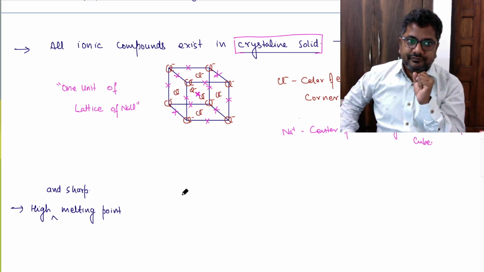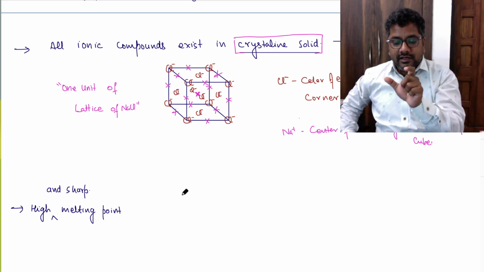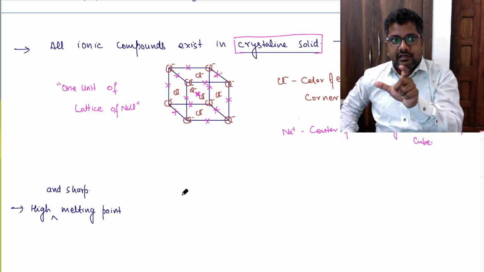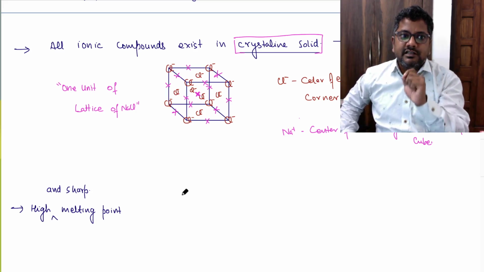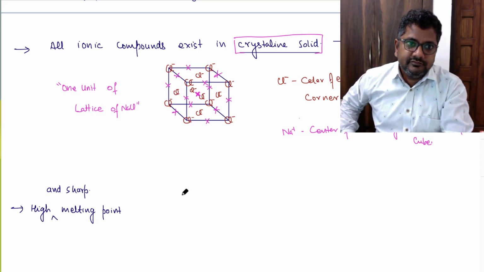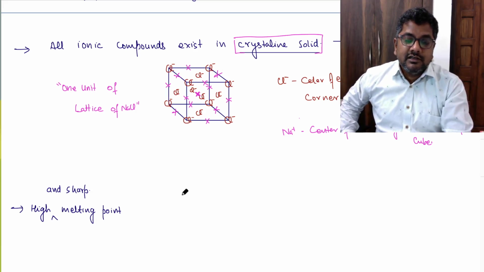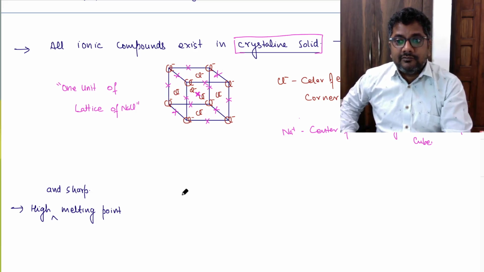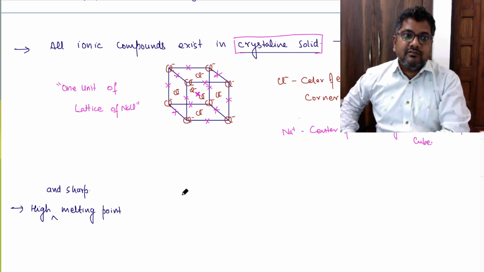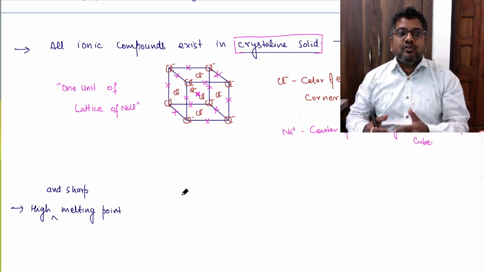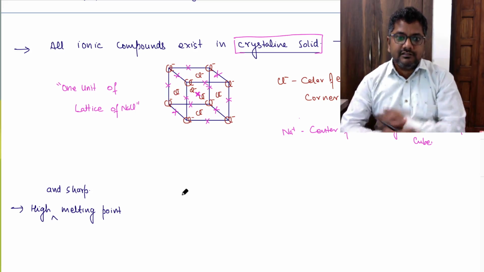And if any solid melts in a range, you immediately say, okay, this is not a pure substance, this is a mixture, because mixtures do not have sharp melting. Or if a crystal has any impurity, then also it will not have a sharp melting point. So impurity or mixing will always decrease the melting point, right?